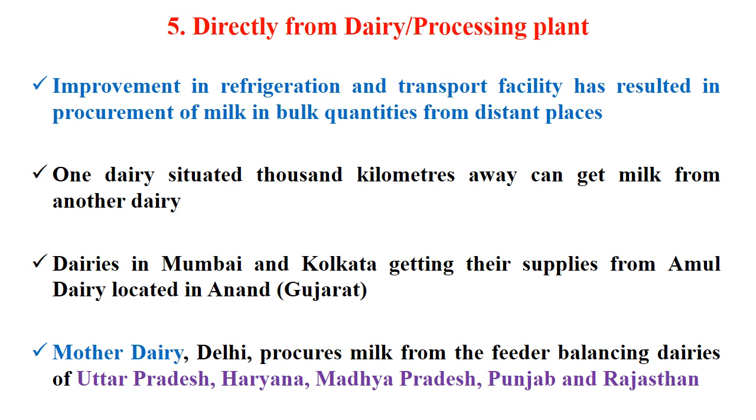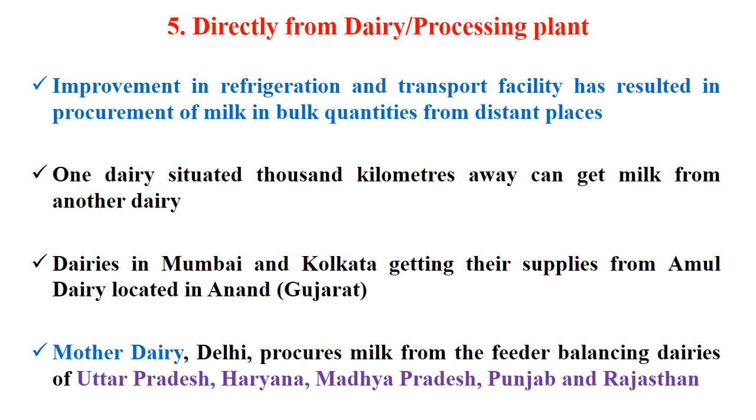Because of that, there is an improvement in procurement. Due to facilities for refrigerated transport, milk can be procured in bulk quantities from distant places. One dairy situated 1,000 kilometers away can get milk from another dairy. So this is the mechanism to transport over long distances through refrigerated vehicles.